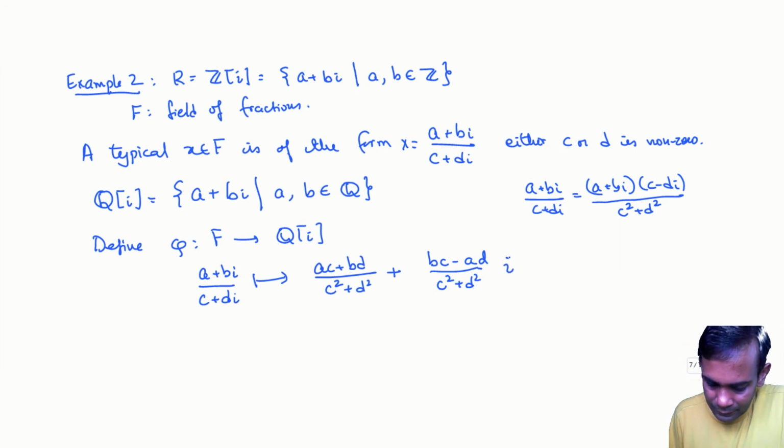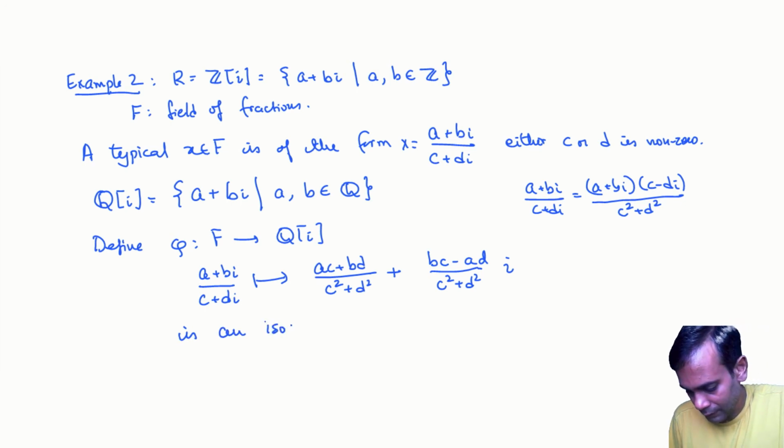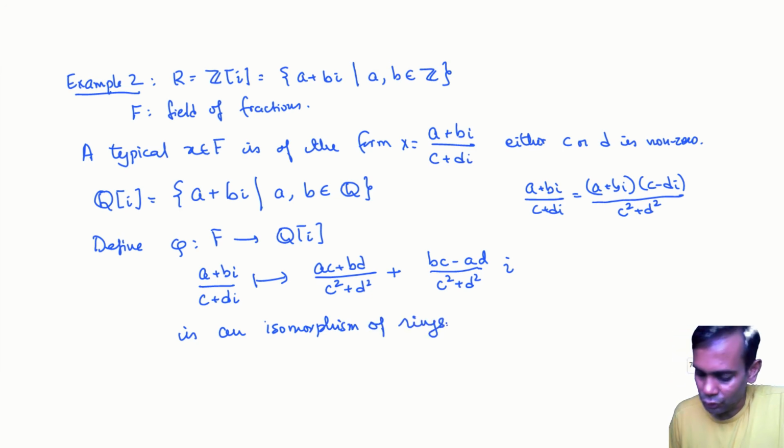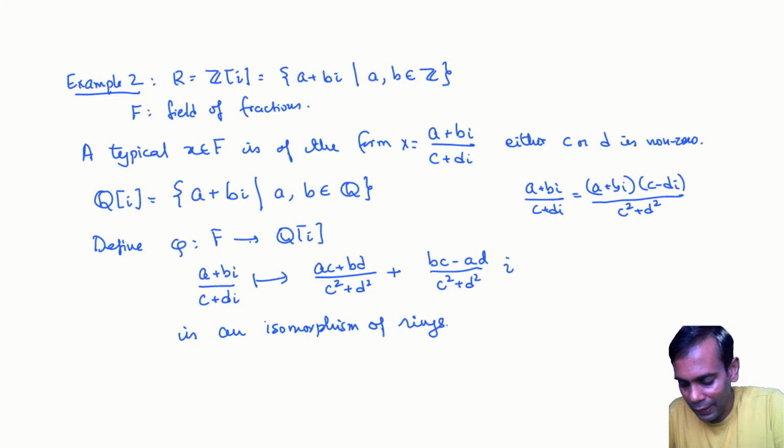And this is an isomorphism of rings. That's easy to check. You can check that this gives rise to an isomorphism of the ring F with the ring Q[i]. So these are actually isomorphic fields.